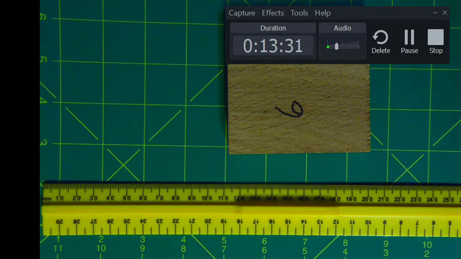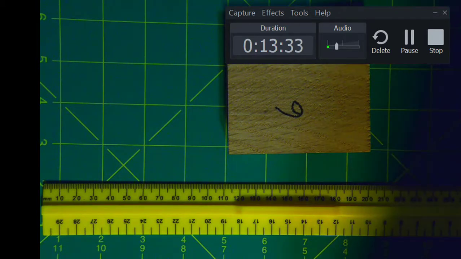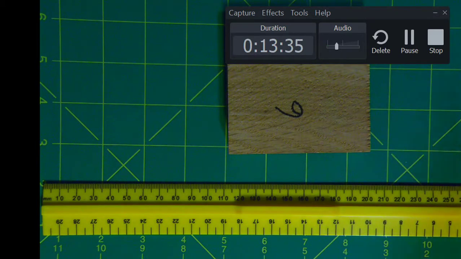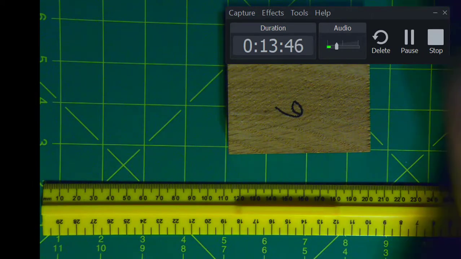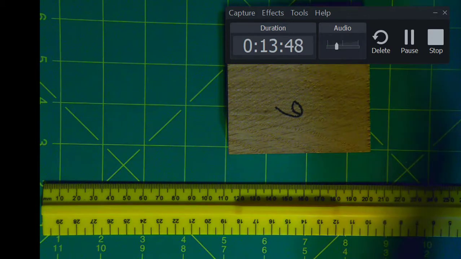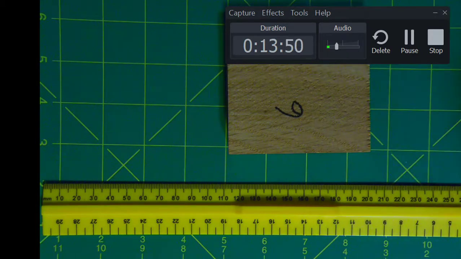Again, we will be measuring this in units of centimeters. So it says millimeters, but we want to do 1, 2, 3, 4 centimeters, for example, and then the other marks would be 1.1, 1.2, etc.